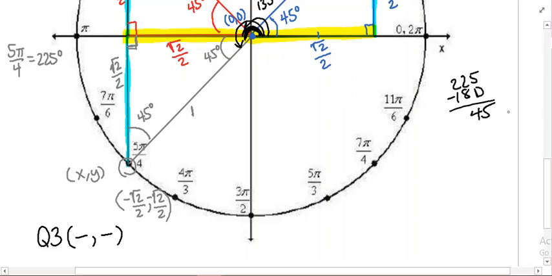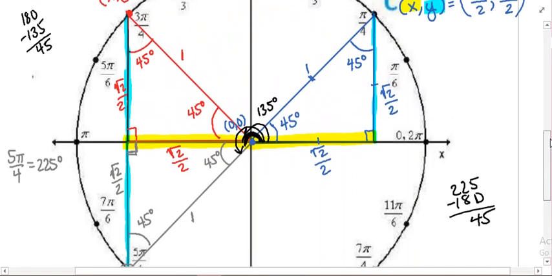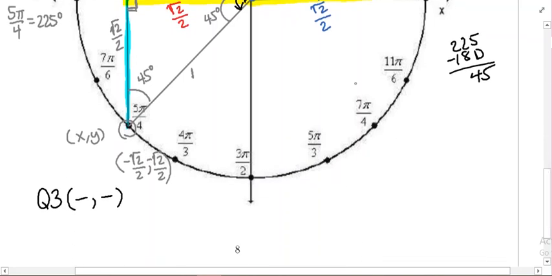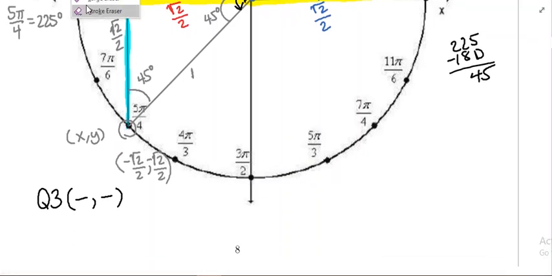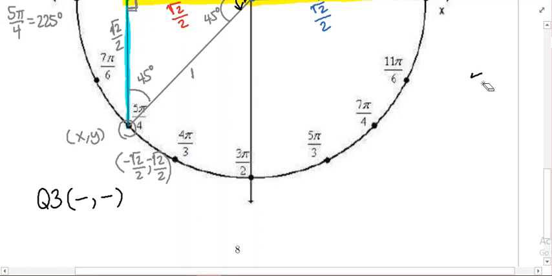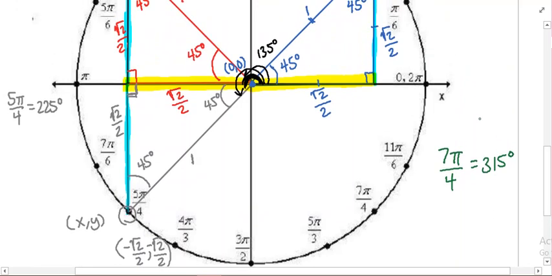All right, we can draw in the last triangle in the fourth quadrant. This is going to happen at 7 pi over 4, which is equivalent to 315 degrees. We're going to do this just like we've done the others. We start our triangle by drawing the hypotenuse from the origin to the point on the circle.